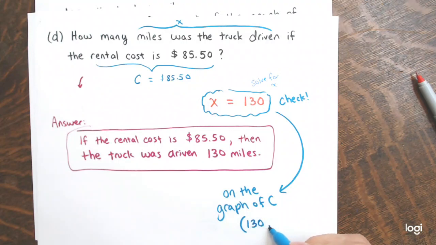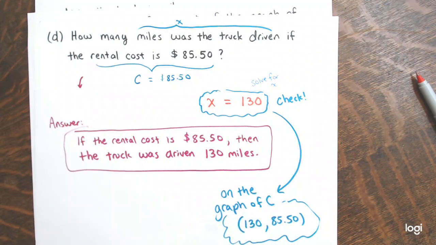When X is 130, the cost is 85.50. Now it's 85 and a half, probably a little difficult to draw on graph paper with decimals, but still, I do have another point I could plot on the graph of this cost function when I get to it in a second here. So now I have 3 points.